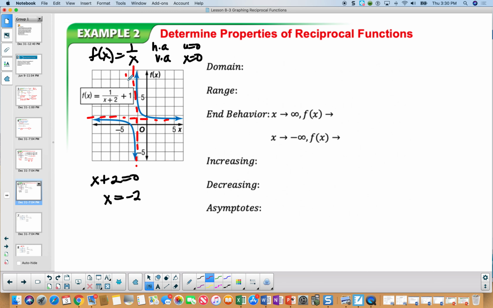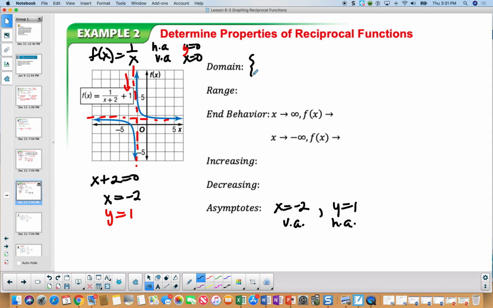Normally it was y equal to 0, but it looks like it has shifted up 1 unit, and so that'll be y is equal to 1. So there has been a shift in the horizontal and vertical asymptote. Let's go ahead and write that down right now. X equal to -2 is our vertical asymptote, and y equal to 1 is our horizontal asymptote.